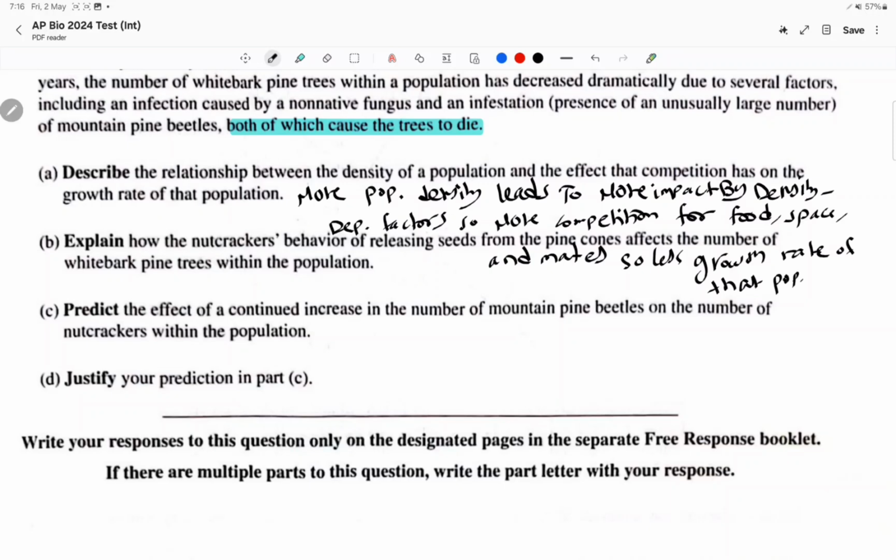B. Explain how the nutcracker's behavior of releasing the seeds from the pine cones affects the number of the white bark pine trees within this population. So, spreading of the seeds outside of their original area, is that a good thing or a bad thing? It's actually a good thing.